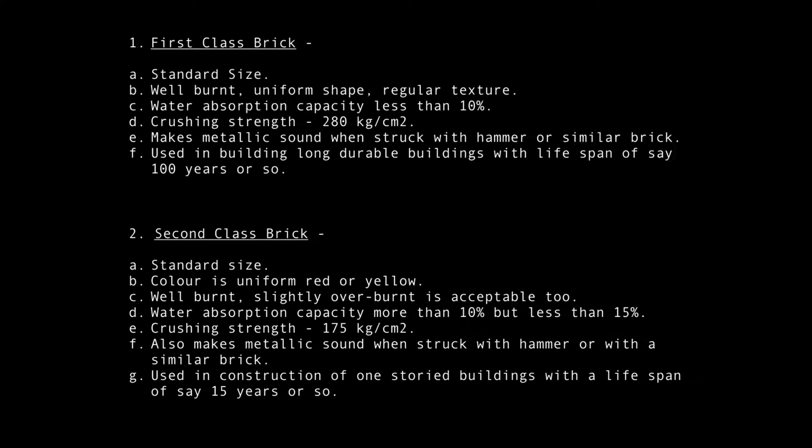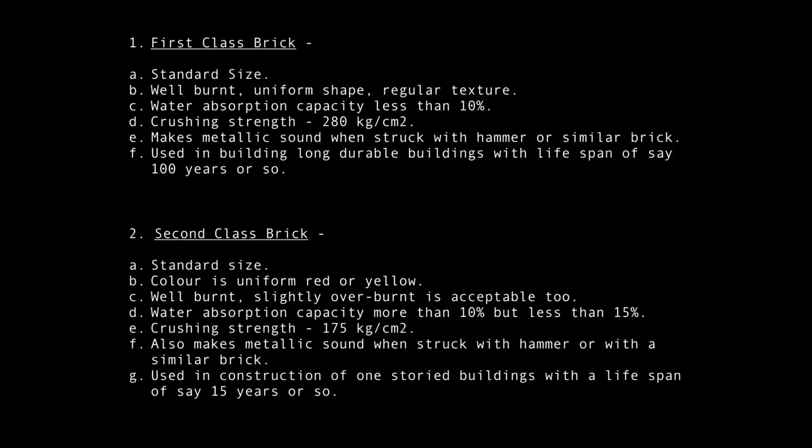The water absorption capacity is less than 10%. See, water absorption is very important. You must have seen a lot of curing being done before utilizing the bricks. The idea behind that is, if the brick is not cured properly, it will absorb the water from the mortar, and we will not be able to get the strength of the wall as expected.